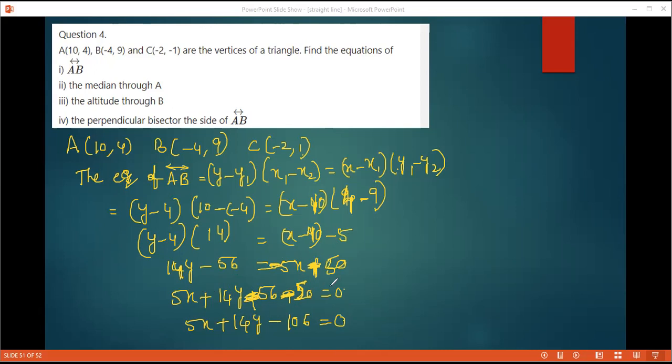So 5x + 14y - 106 = 0. This is our equation of the line AB.